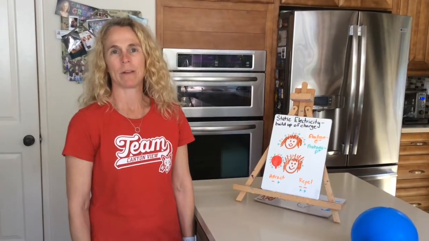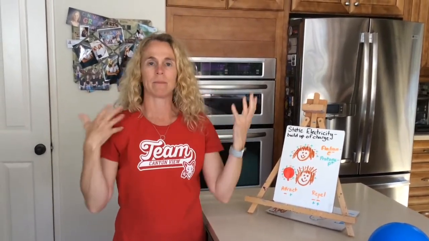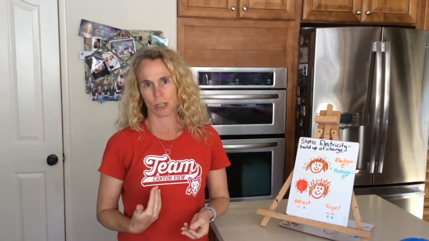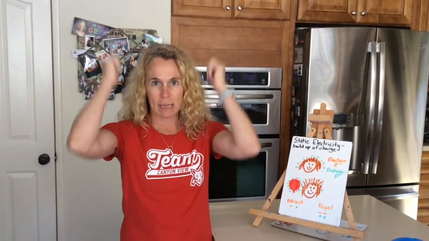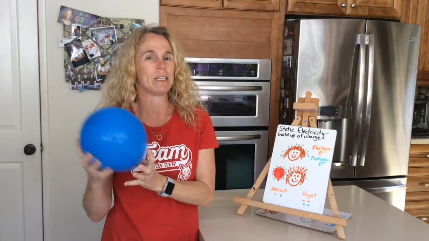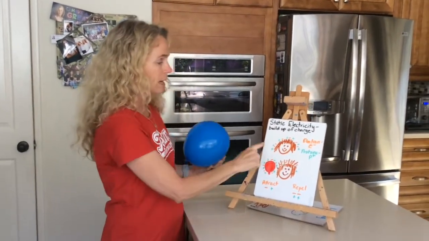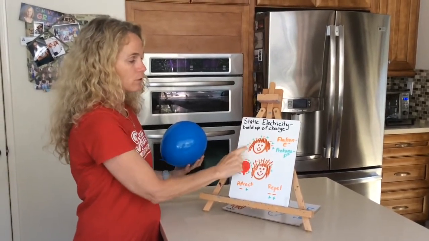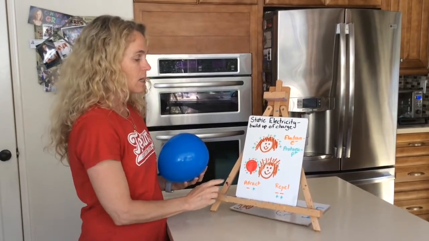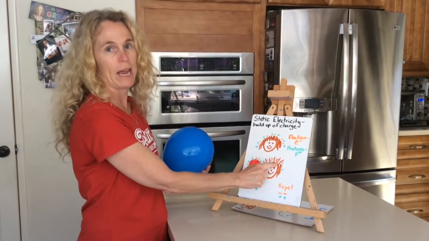So what is happening with your hair is that it's normally neutral. The positives balance the negatives, so it's overall a neutral charge. However, if you put on a wool hat, or what a lot of you like to do, rub a rubber balloon on your hair, you are going from your hair being neutral, with positives and negatives distributed equally throughout your hair, to rubbing off some of the electrons from the balloon onto your hair.